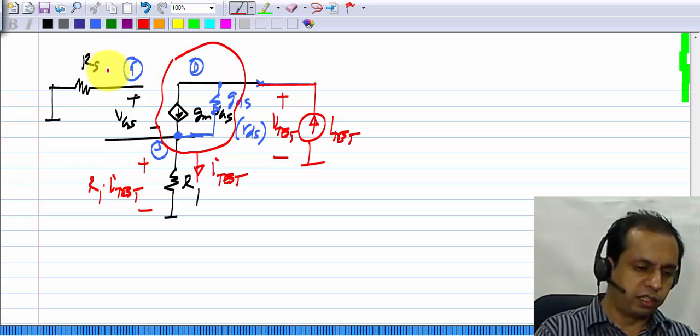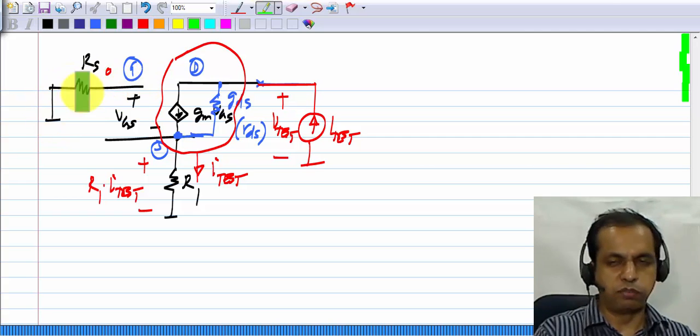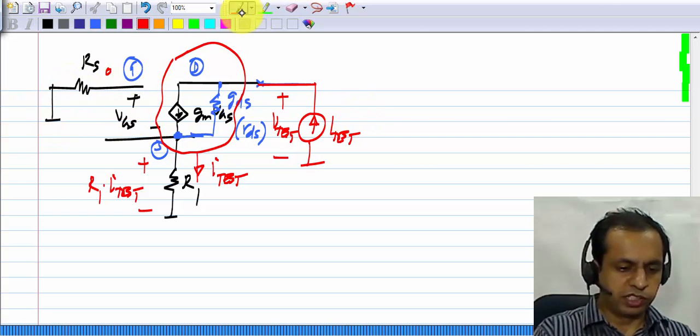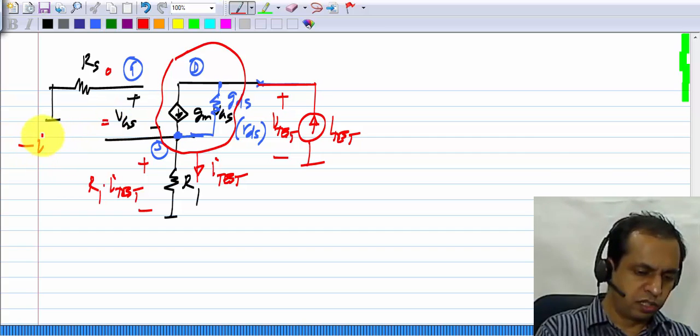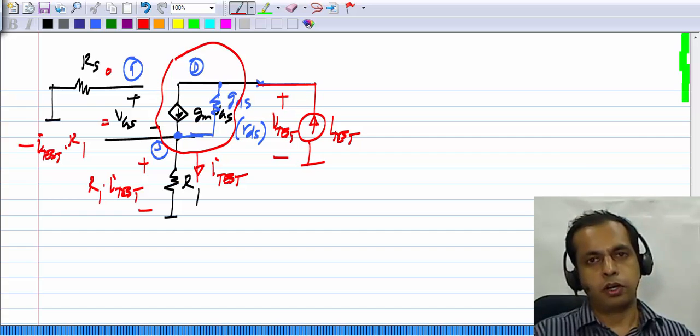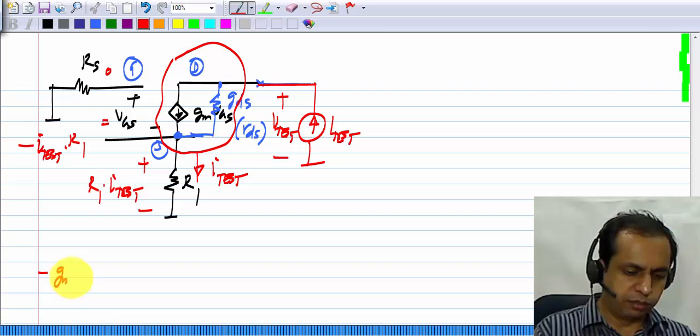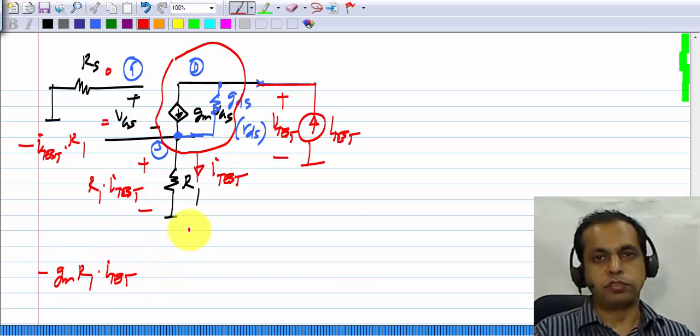The voltage at the gate is 0, again because this RS is connected to ground and no current flows into the gate. So this VGS equals minus I test times R1. Okay, and this current source GM VGS will be minus GM R1 times I test. That's what is flowing downwards.